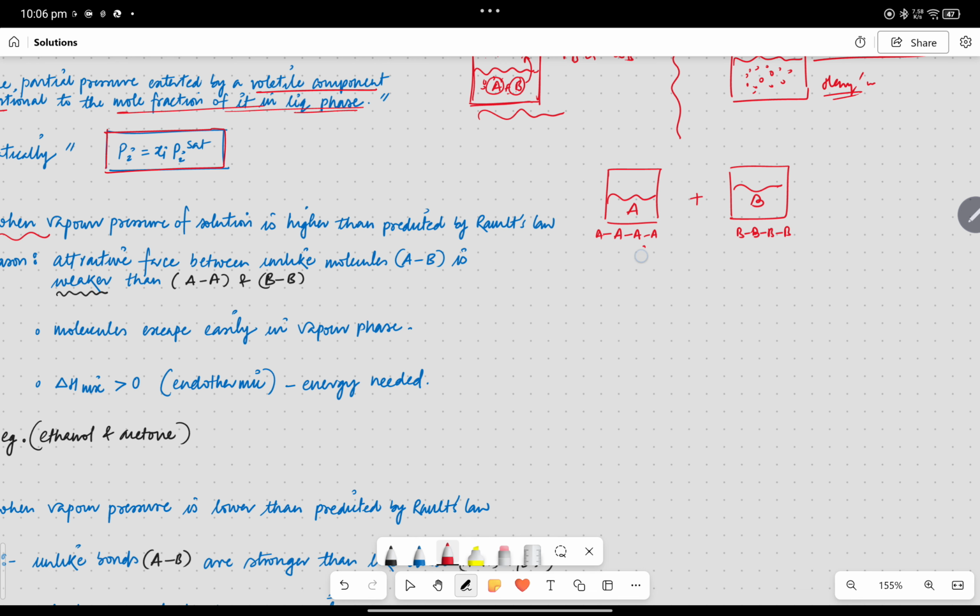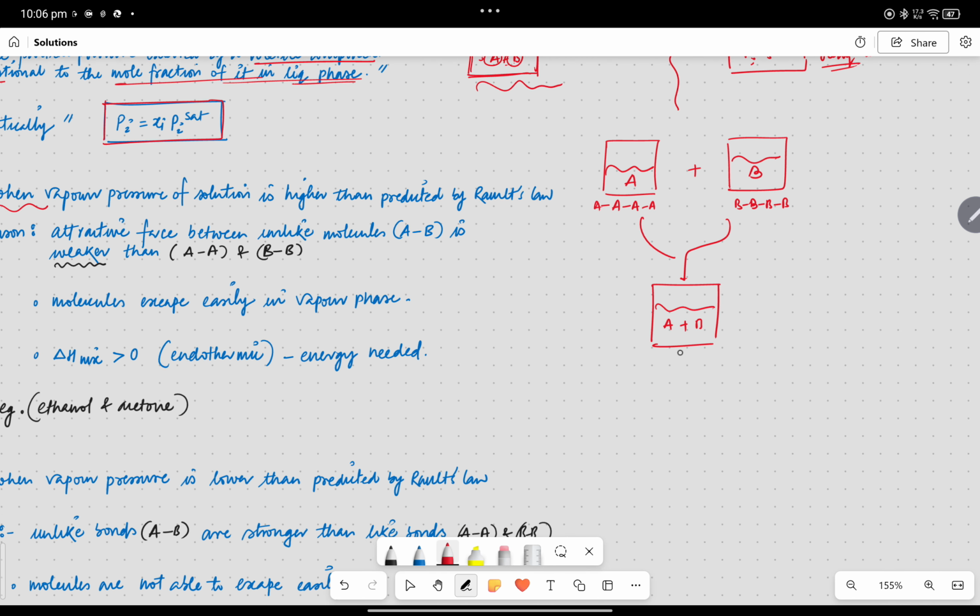If you mix them, they form a solution mixture of A and B. Now the bonds are AB, AB. So the AA bond gets broken, the BB bond gets broken, and they form AB, AB, AB. If this bond is stronger than the earlier ones, the molecules are getting more stability.